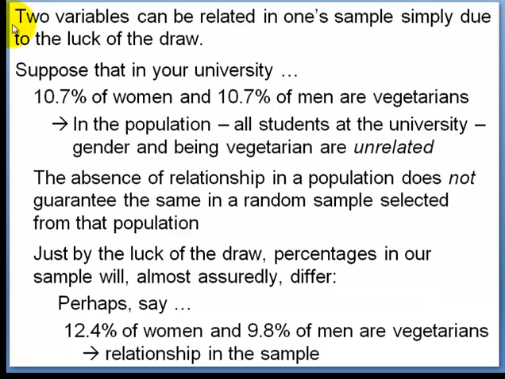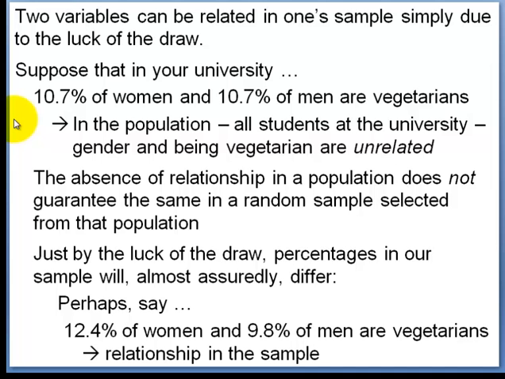Two variables, and I'm going to say in a random sample, can be related simply due to the luck of the draw, and this is a very important concept for inferential statistics, which we look at predominantly in the second half of this course. So, suppose that in your university it is the case that equal percentages of women and men are vegetarians, say 10.7% of each gender.